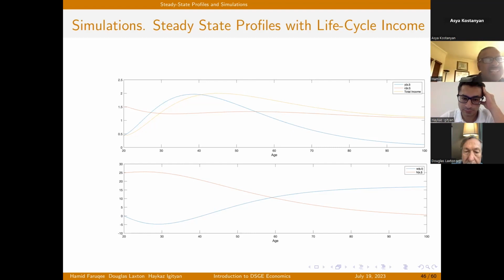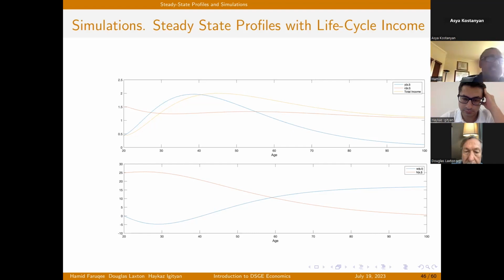I guess it's in orange. And implicitly, you can see that consumption is above disposable income or labor income initially, but then you have a period of savings in the middle-aged years, and then a period where consumption exceeds labor income when people are moving into retirement.